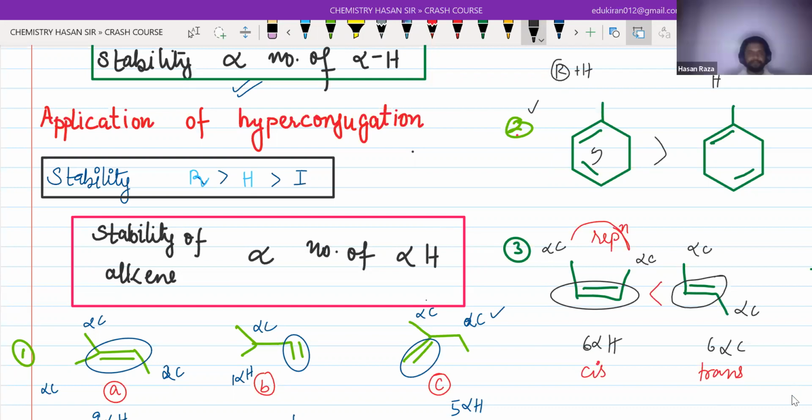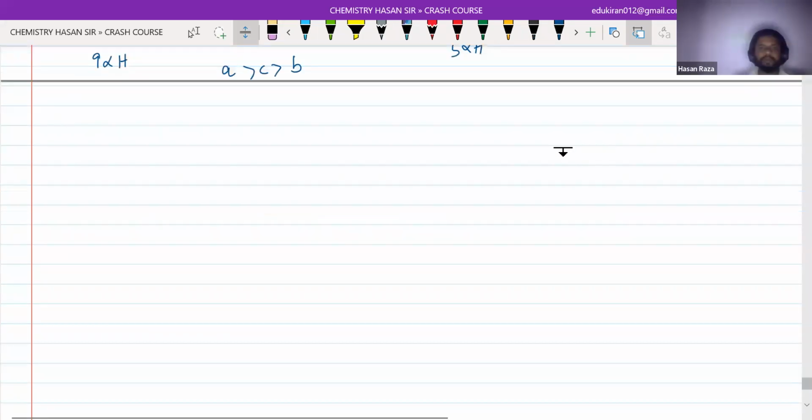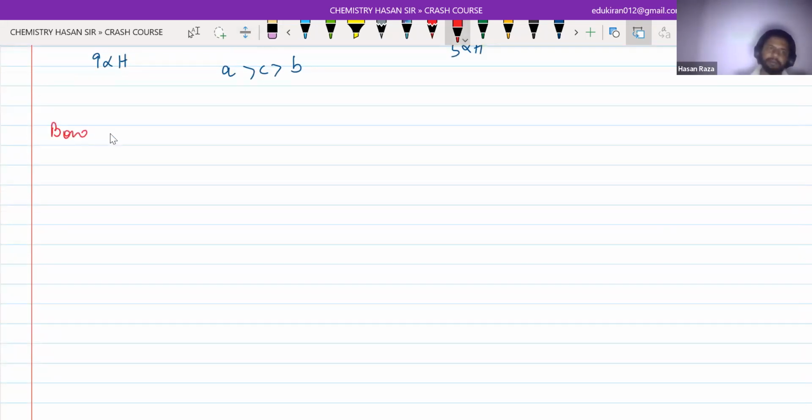Okay. Now see, I'm going to tell you about the bond length. You know that a triple bond has shorter bond length, and then comes the double bond, and then comes single.